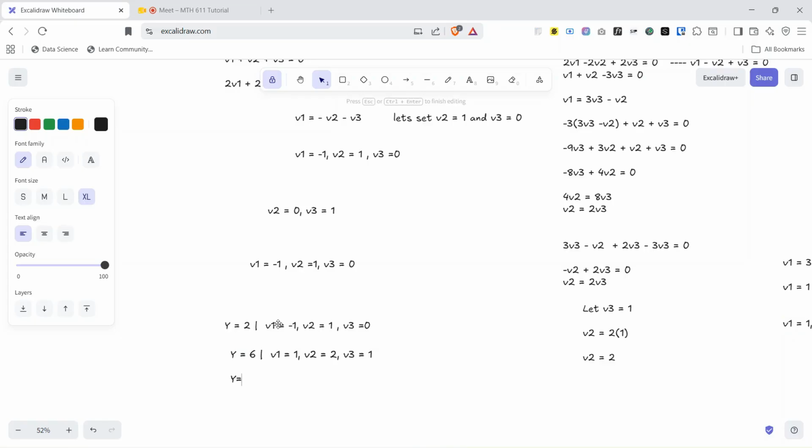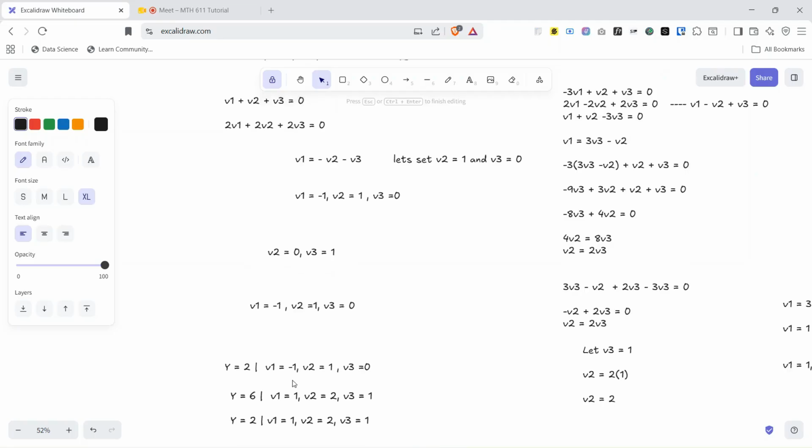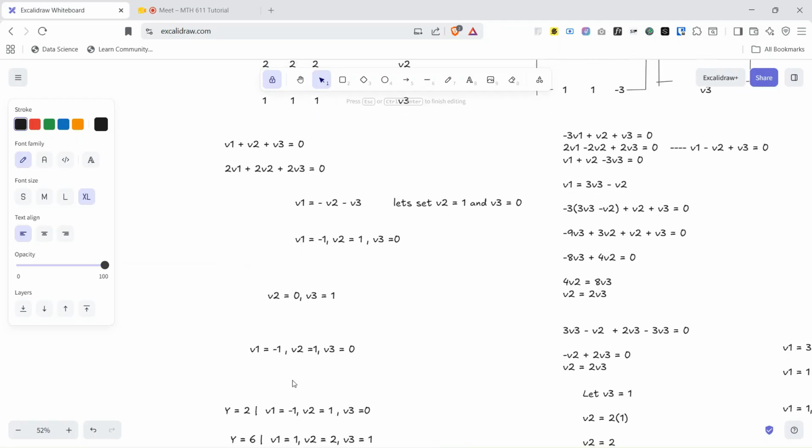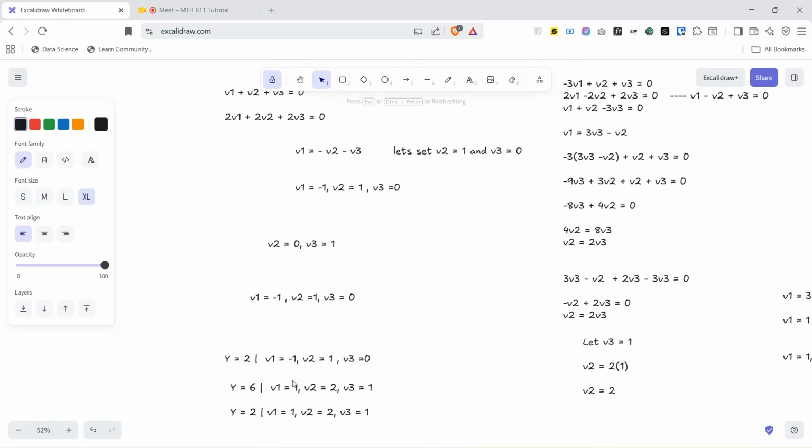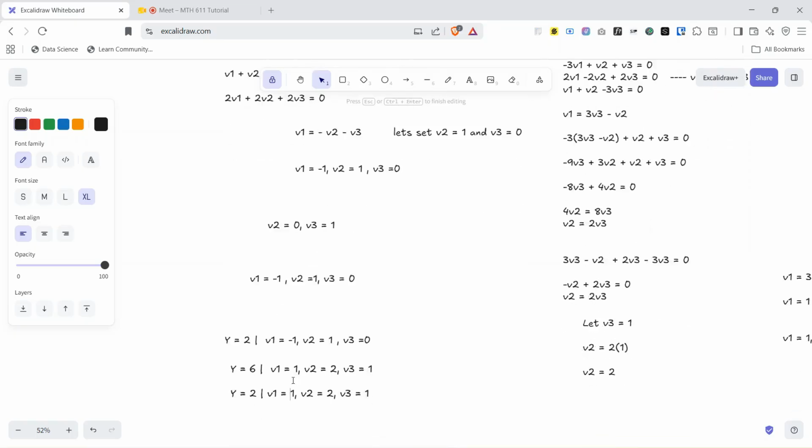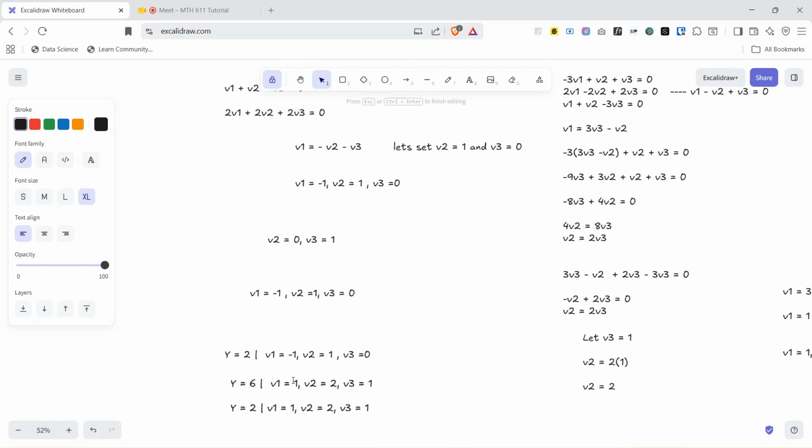Then when lambda equals 2, the second 2, we have this, but in this case our V1 is minus 1, V2 0, and then V3 1.